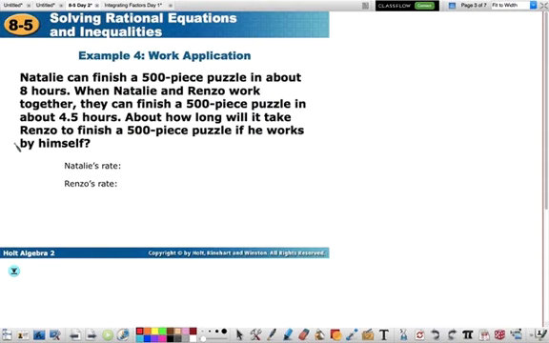Yeah. So her rate is one puzzle per 8 hours, correct? One puzzle per 8 hours. What about for Renzo? One puzzle per question mark, or x hours, right? We don't know how much time it takes. That's what we're going to find out.